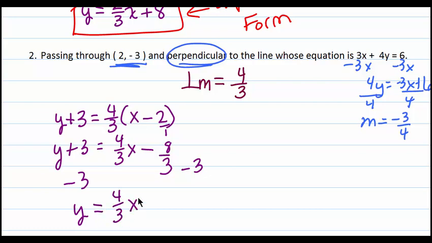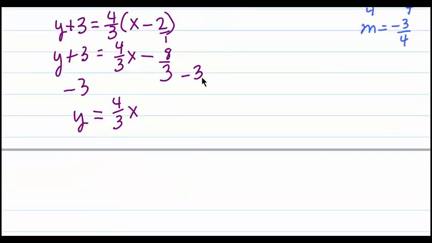4/3 x. In order to combine these, they have to have the same denominator. So I'm going to go ahead and put a 1 underneath this. So I'm going to do my work over here. So I have -8/3 and then minus, I need my denominator to be 3. 1, what do I have to multiply 1 by to get 3? 3. So 3 times 3 is 9.